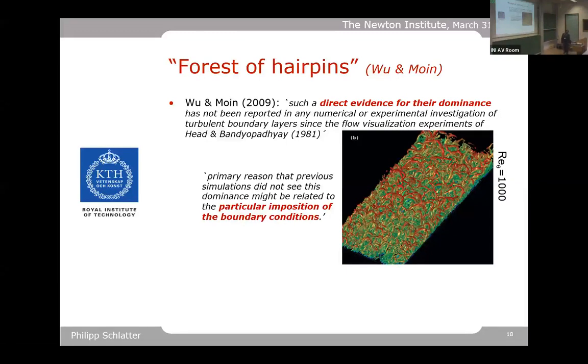And this was really the origin of our motivation to go in and try to find out, are these vortices really hairpin vortices, and how important are those vortices also when you go to higher Reynolds numbers, so when you go a little bit away from just the immediate tripping location.